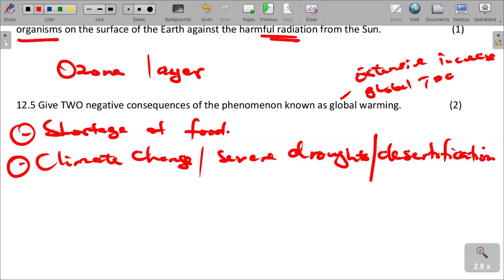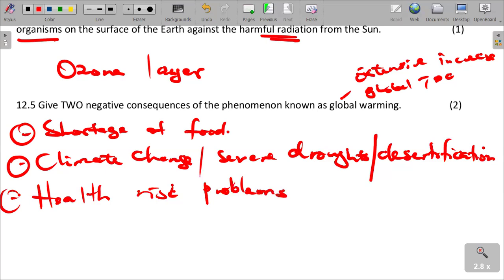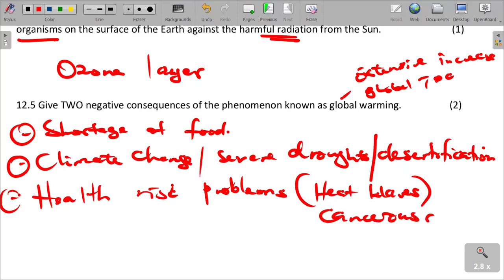We can also talk about health risk problems. We have diseases that are caused because of heat waves. We can talk about cancerous diseases. Cancerous diseases are caused by extreme temperatures.